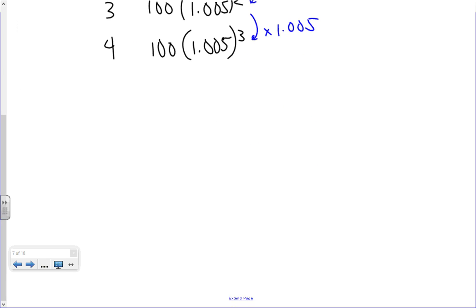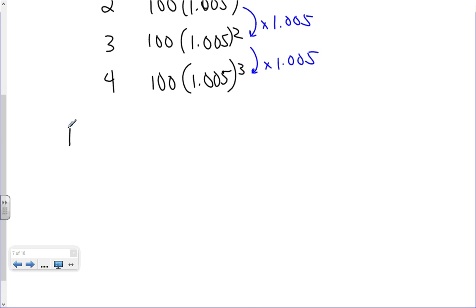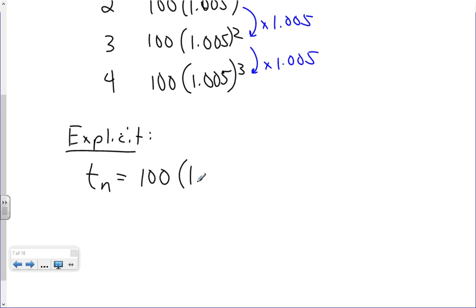All right, so since it's geometric, I can write my explicit formula for this. I'm going to go ahead and do that, although technically I don't need it for this problem. But I'll go ahead and write my explicit formula for my terms. T sub n is equal to my first term, which is 100, times the common ratio, 1.005, raised to the n minus 1.